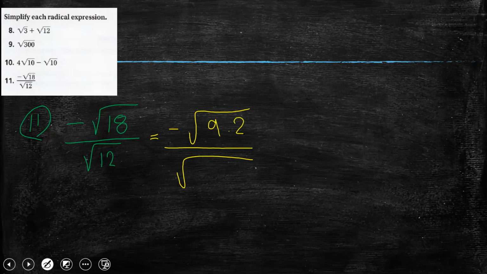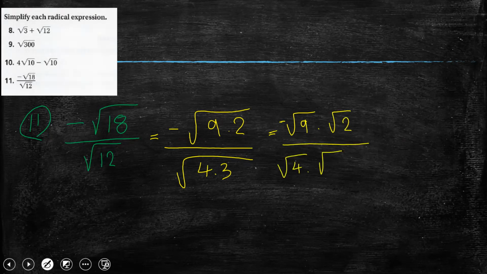12: 4 and 3. Bravo. Now let's come to the numerator. We have negative square root of 9 times square root of 2. I have to distribute the square root over square root of 4 times square root of 3. Then what is the square root of 9? 3.